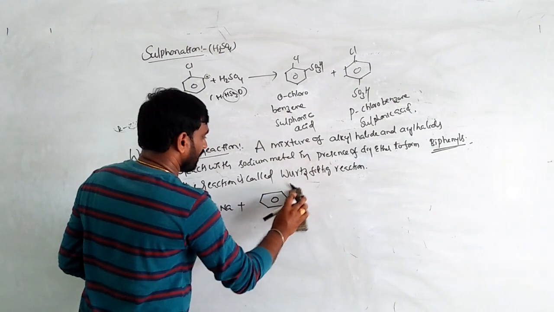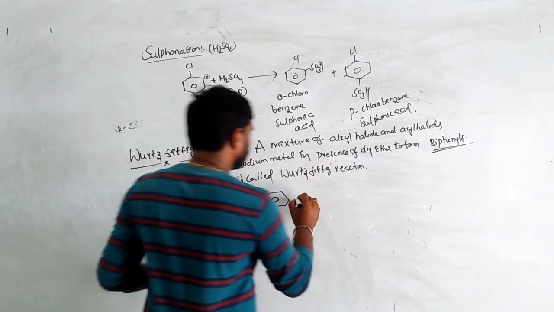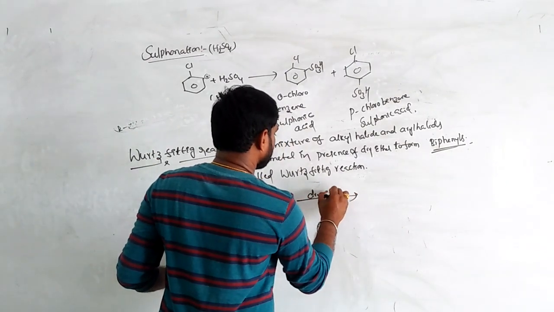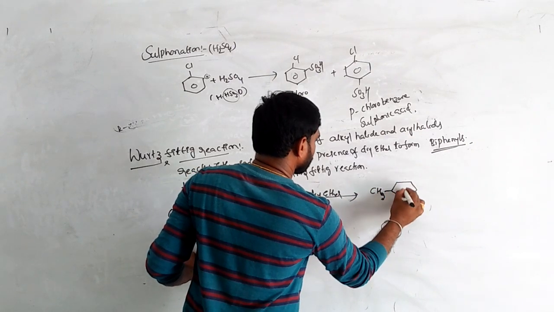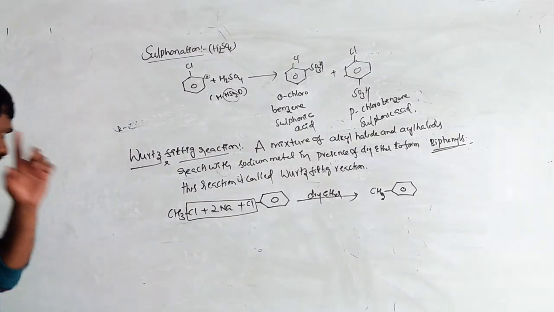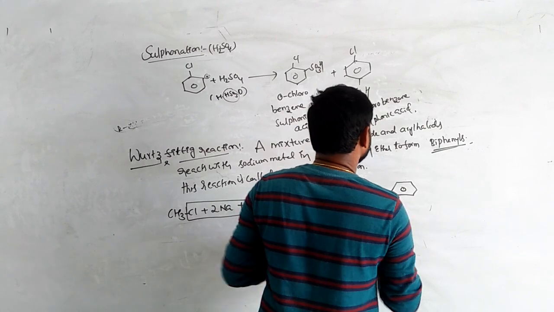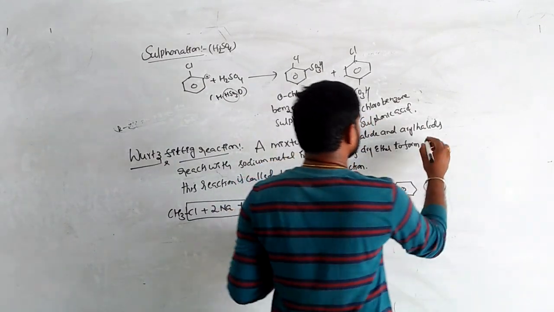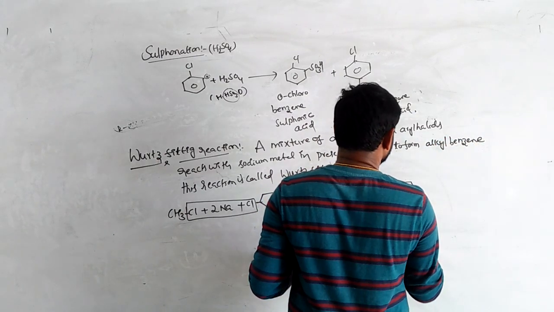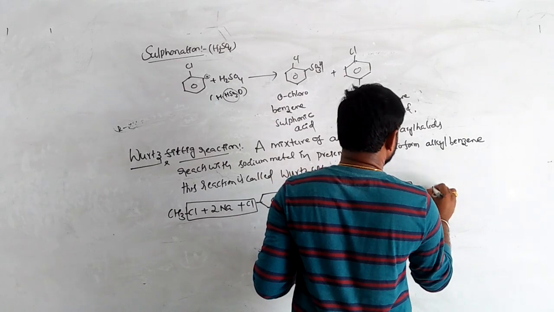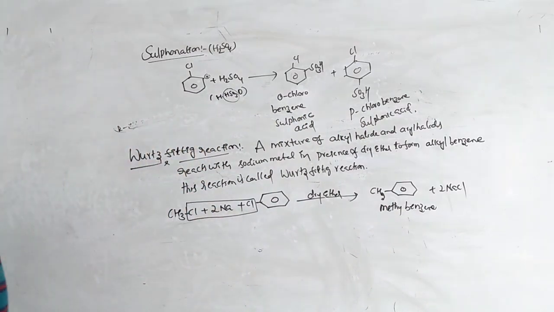So here removal of 2 NaCl, in presence of dry ether, gives methyl benzene, alkyl benzene, plus 2 NaCl. This reaction is known as Wurtz-Fittig reaction.